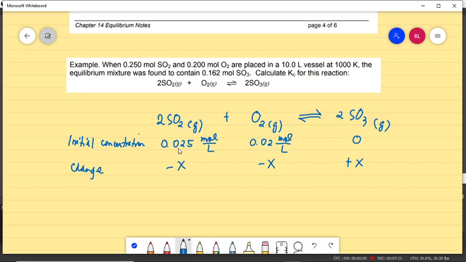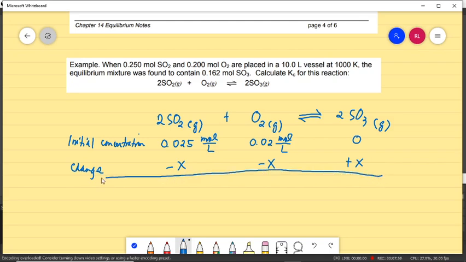Of course, a certain amount of sulfur dioxide will combine with a certain amount of oxygen, forming a certain amount of sulfur trioxide. That is why this is positive, because this is the amount of sulfur trioxide that is formed from certain amounts of sulfur dioxide and oxygen gas. I hope that it's clear.